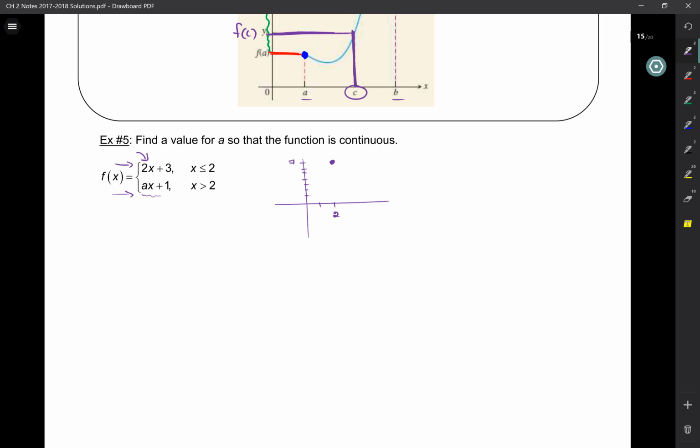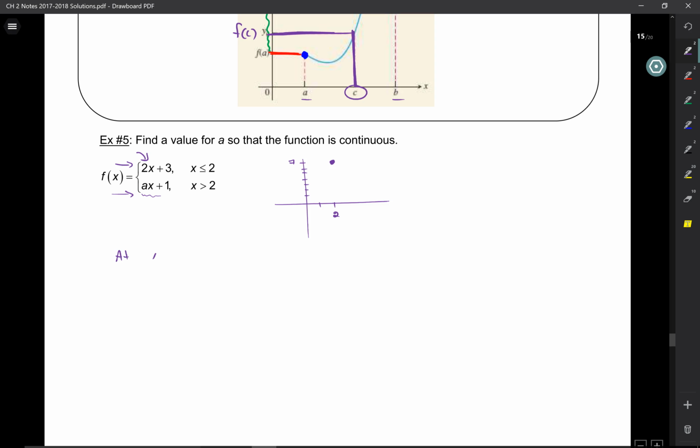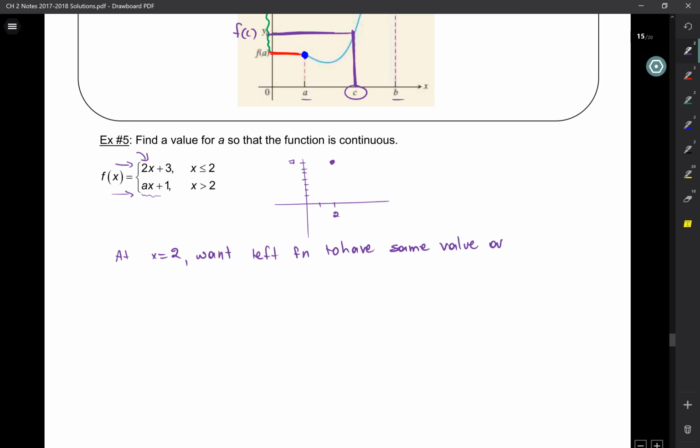Now, in order for this to be continuous, we want the function to the left to have the same value as the function to the right. So at x equals 2, we want the left function to have the same value as the right function.